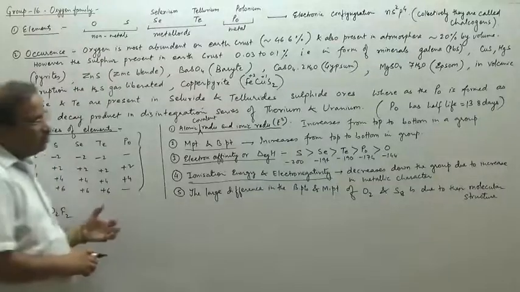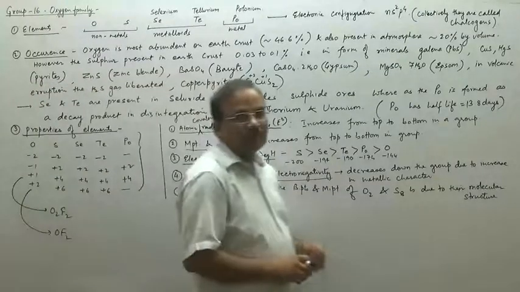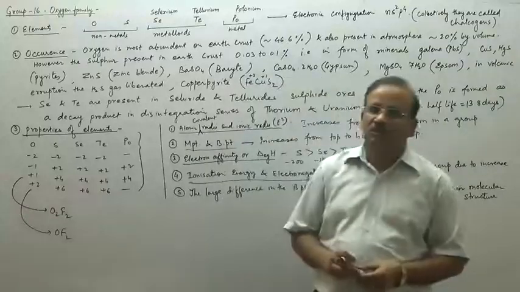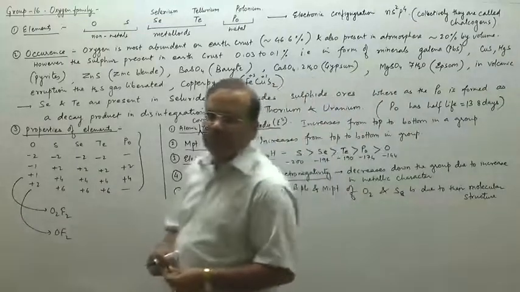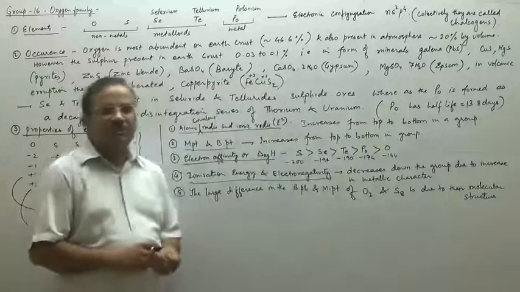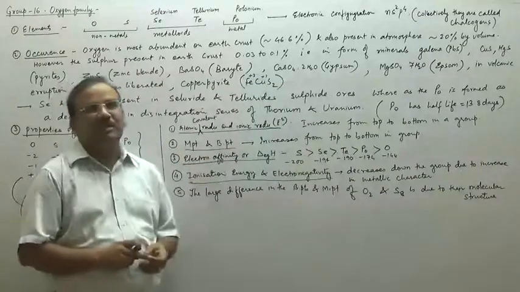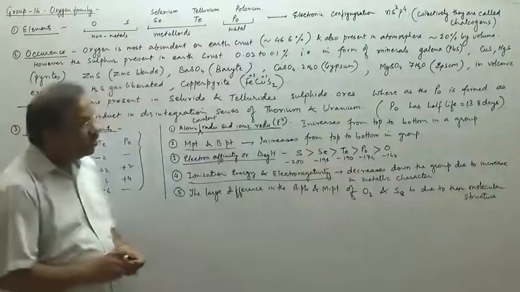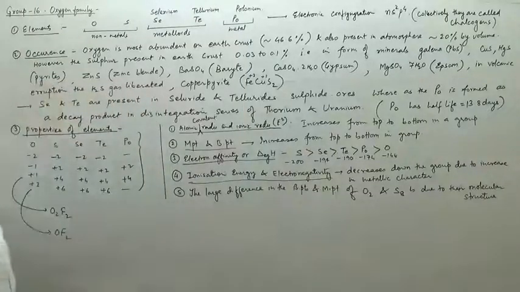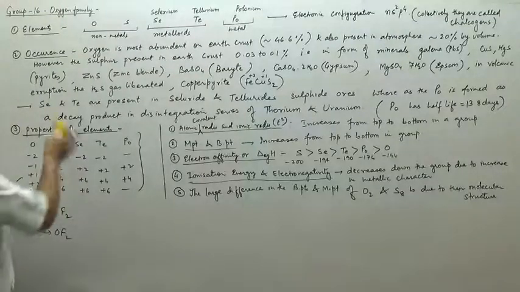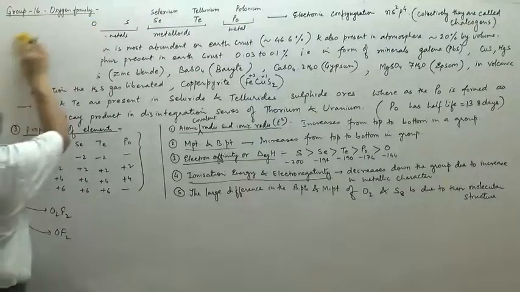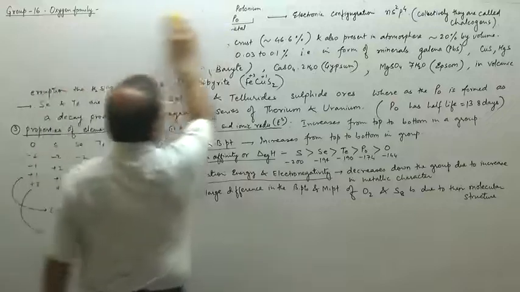Now we can discuss their chemical properties. Obviously, if we check their reactivity, the reactivity will decrease down the group because metallic character increases. So let us discuss the chemical properties of these elements.